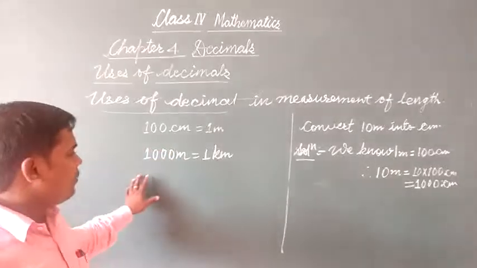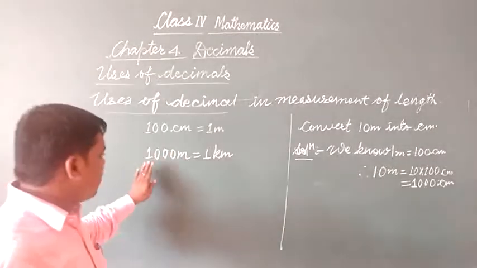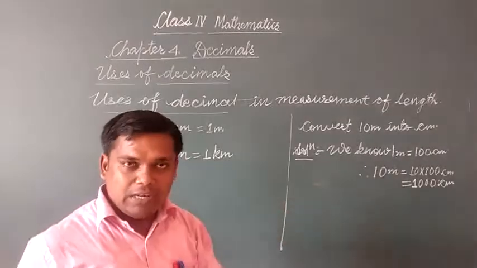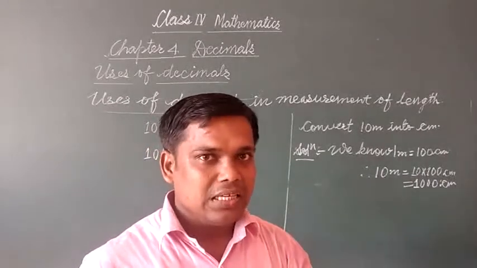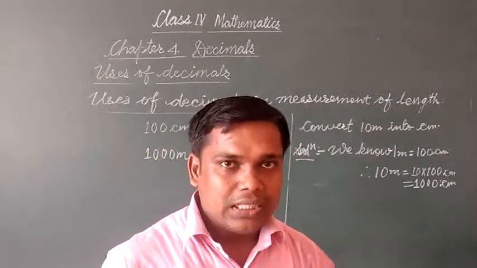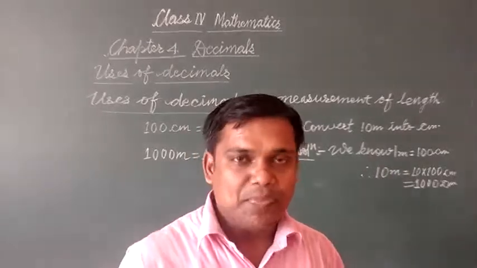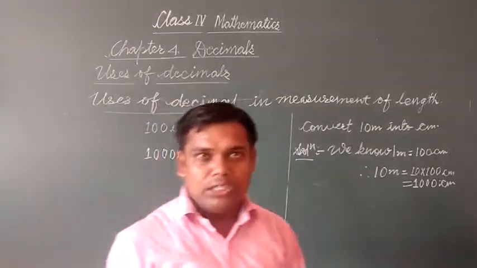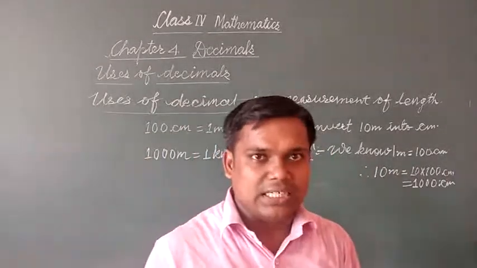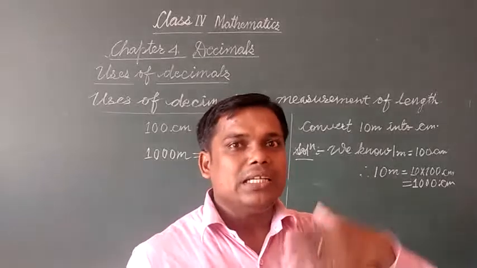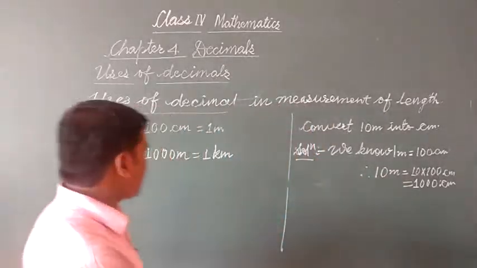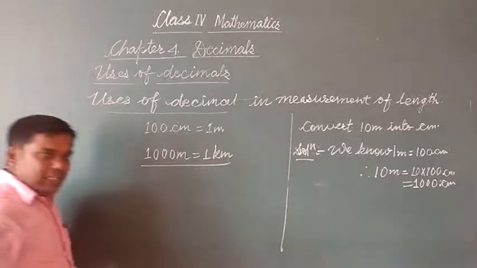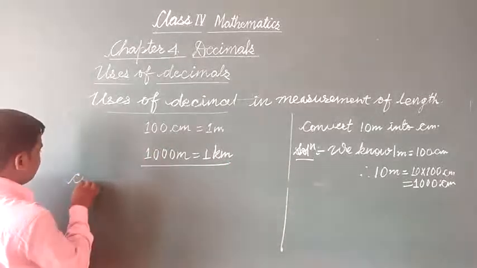So if you have to convert from meter to kilometer, you will divide the given length by 1000, then it will be converted into kilometer. And if it is given in kilometer and is asked to convert into meter, you will multiply by 1000 to convert into meter.